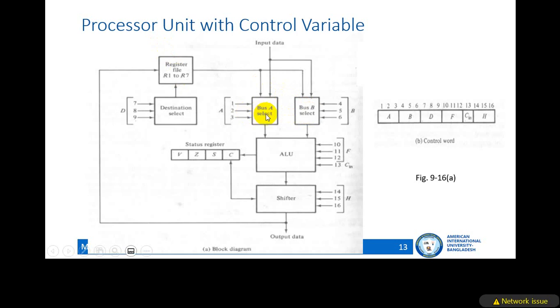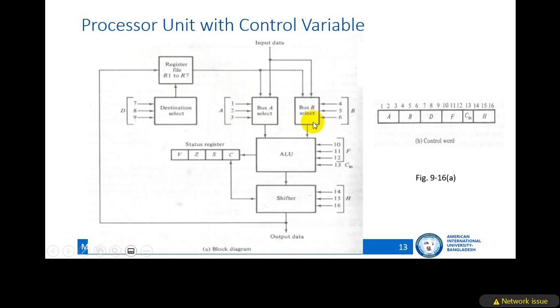Now look at the multiplexer. There are 3 selection pins. Why 3 selection pins? Because there are 7 registers. 2 to the power 3 is 8. That means 1 out of 8 locations you can select. So that's why they have 3 selection pins for this multiplexer, so that you can select 1 out of 7 registers from here.